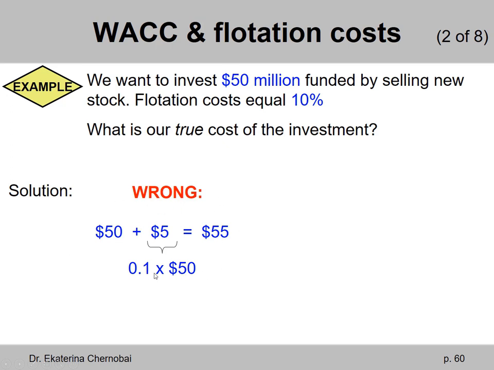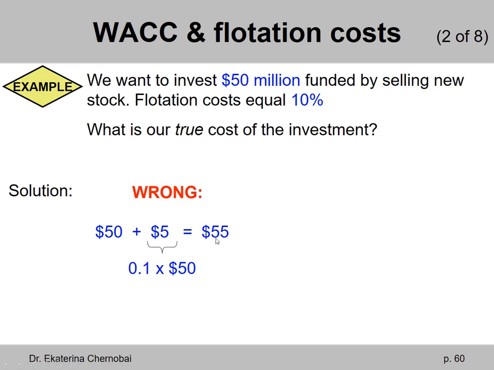Unfortunately, while the idea is correct, the calculations are wrong. Because think about going backwards. We raise $55 million worth of money by selling additional shares of stock, right? And flotation cost of 10% means that 10% of 55 million will be gone, paid to this third party that's helping us go through this issuing process.